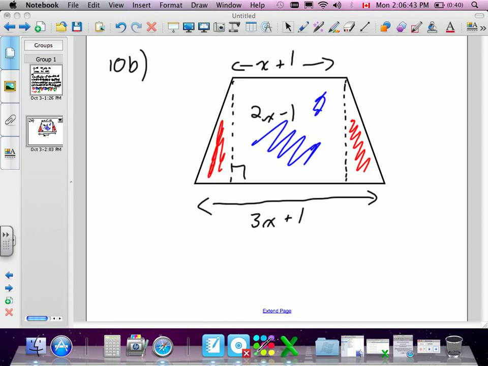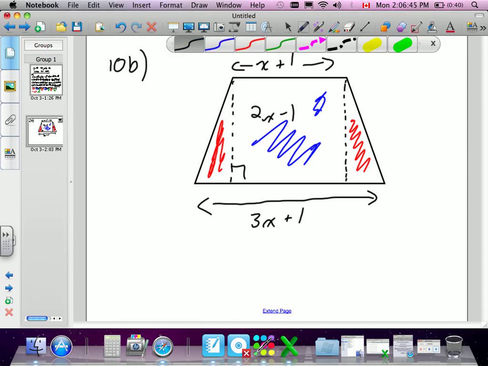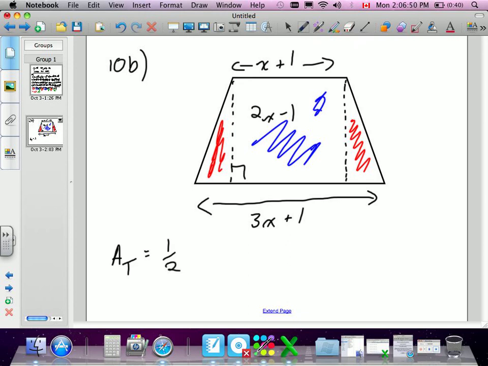First of all, we need to know the formulas for a triangle and a square. The area of a triangle is equal to 1/2 times the base times the height. The area of a square is just base times height, or length times width. Mine's vertical, so we call it base times height.